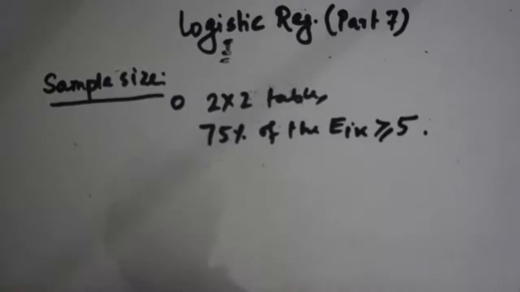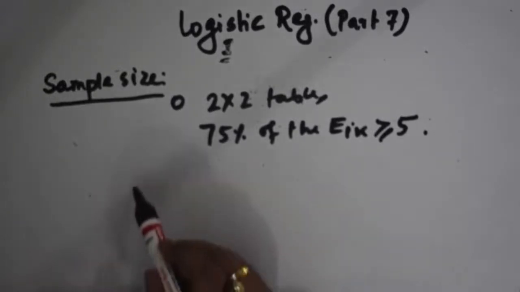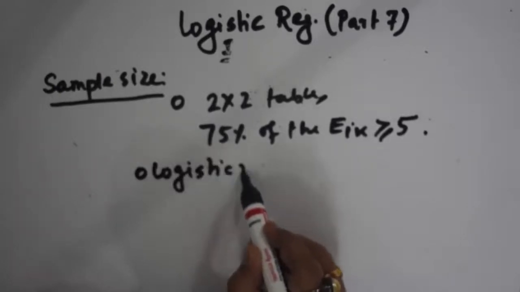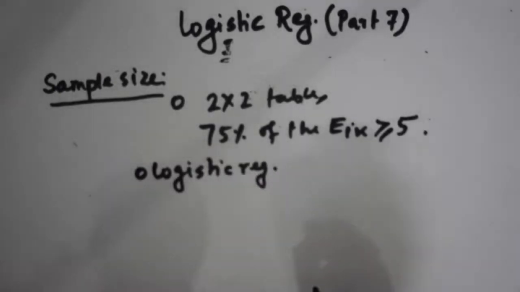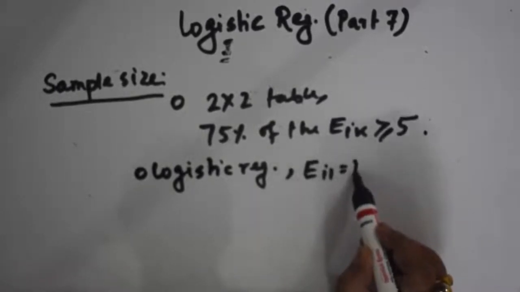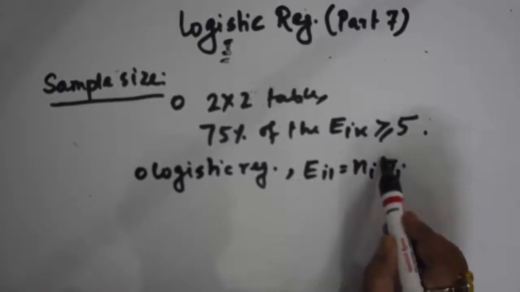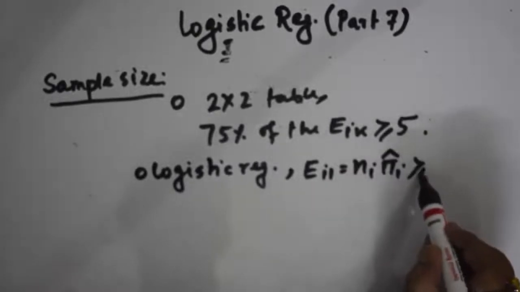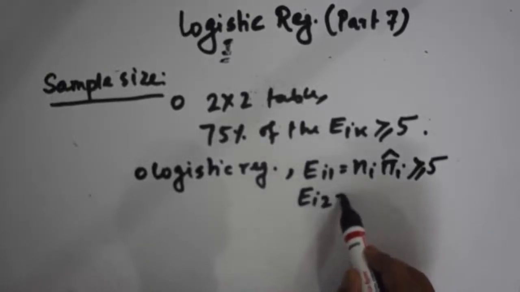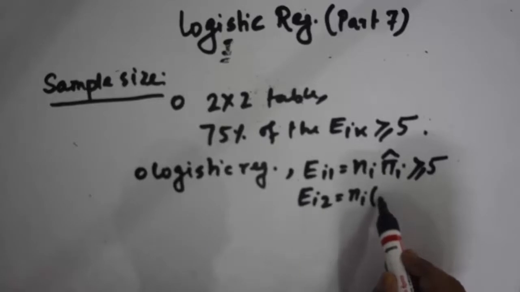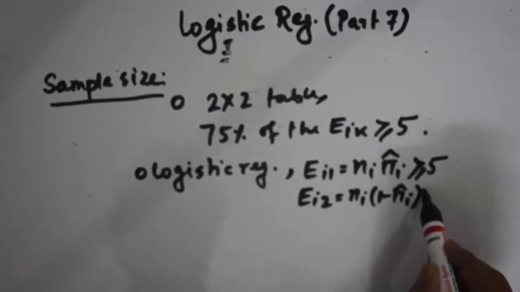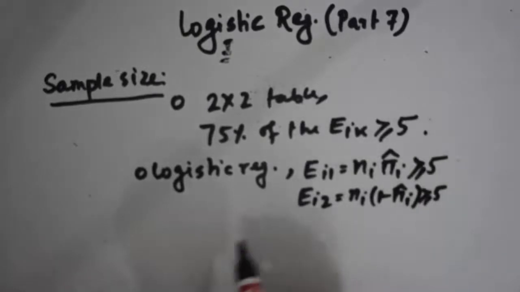In terms of logistic regression, E_i1 equals n_i pi_i hat, this should be greater than or equal to 5, and E_i2 equals n_i times 1 minus pi_i hat, this should be greater than or equal to 5.